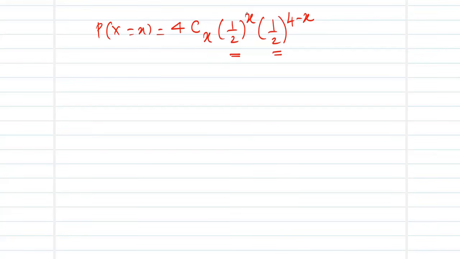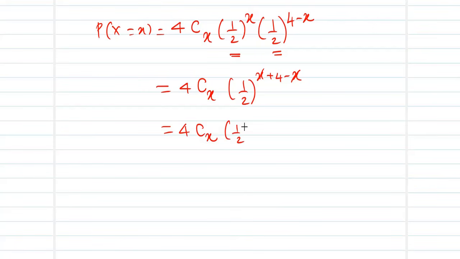The base is the same, so you can club their powers, in which case this becomes 4Cx half to the power of x plus 4 minus x. So in simplified form it is 4Cx half to the power of 4. The only unknown variable in the expression is just your x.